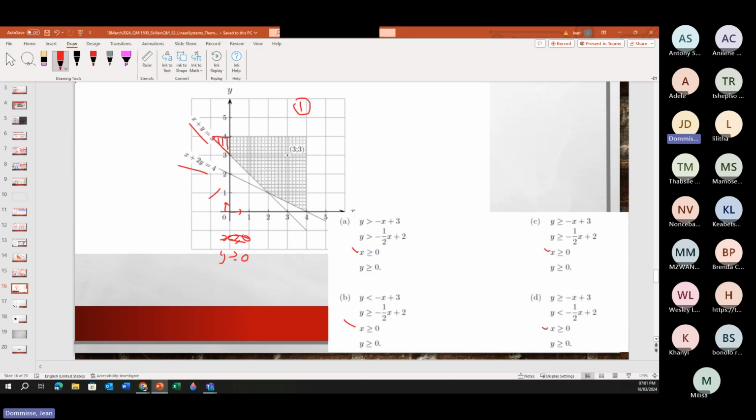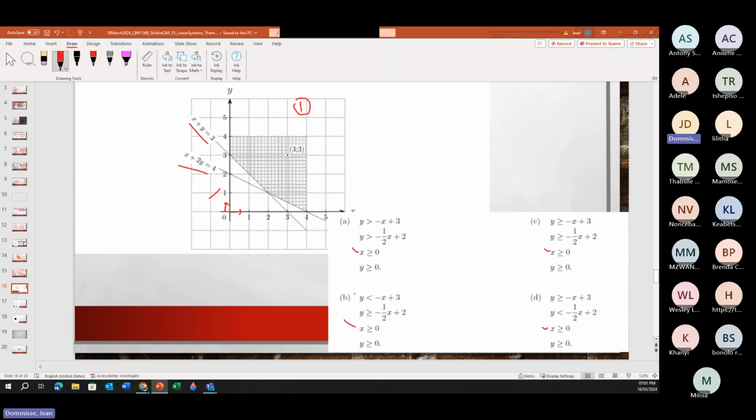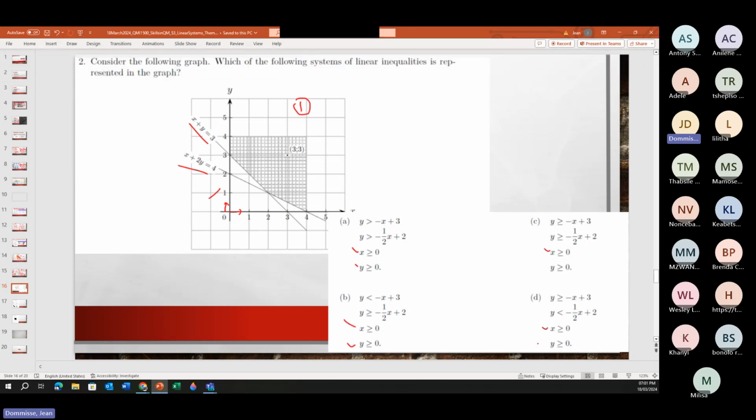So we will always have, hopefully, that your x and your y will be bigger or equal to 0.